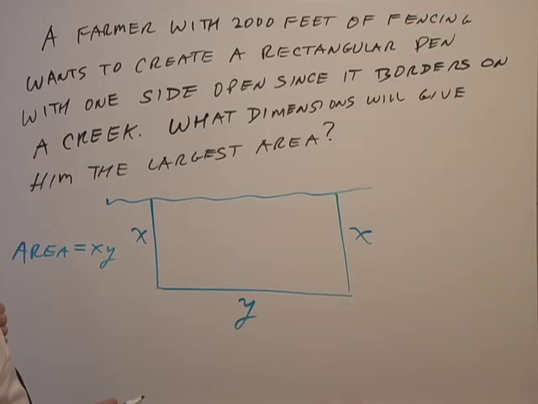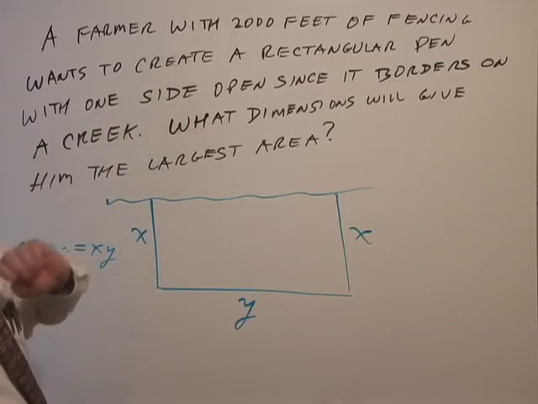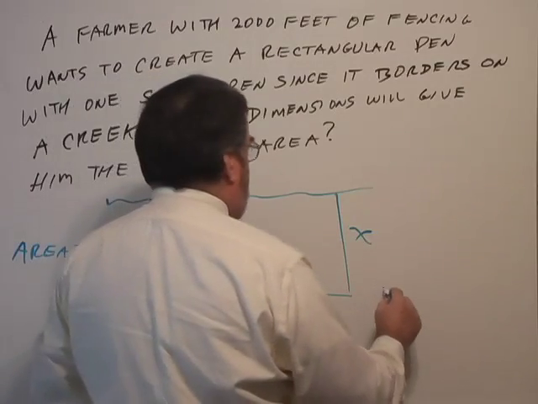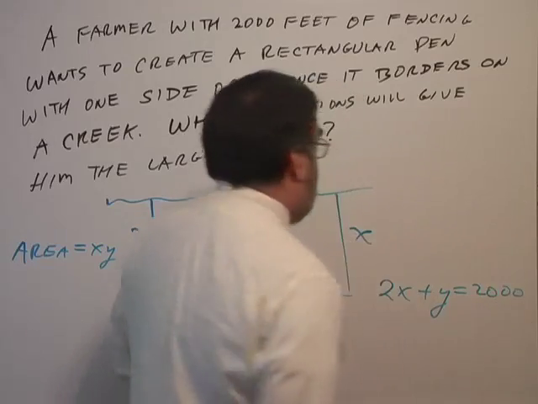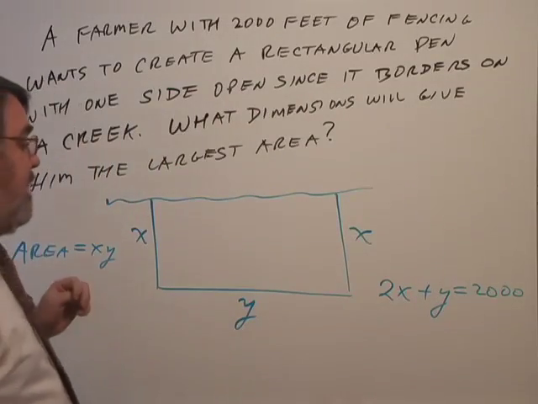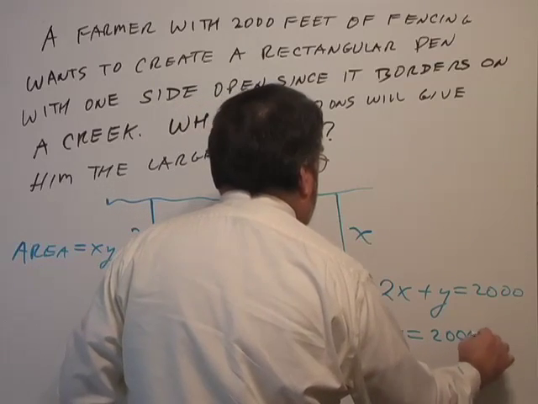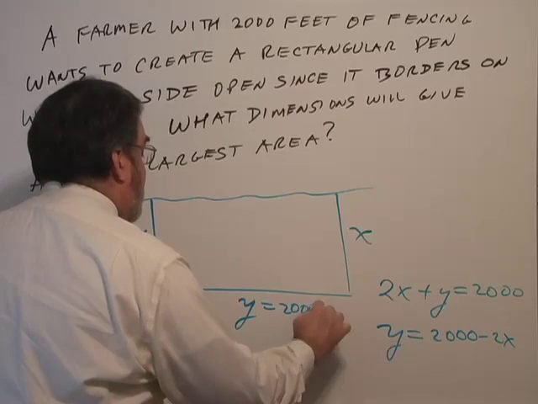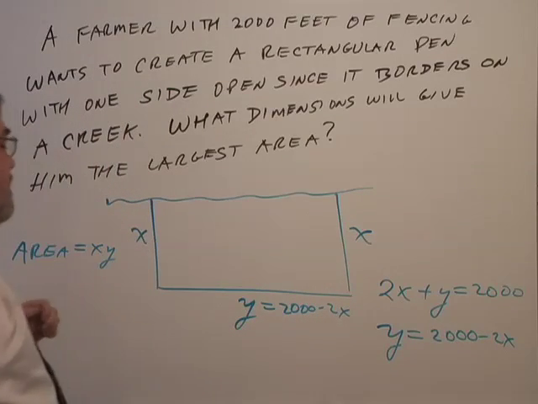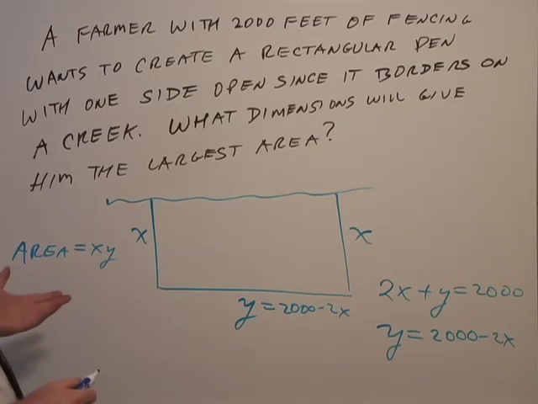Well, we know that these three sides must add up to 2,000 feet. So I've got 2x plus y equals 2,000. And if I solve for y, it would be 2,000 minus 2x. And I'll write that here also. So now I have an alternate function for the area.